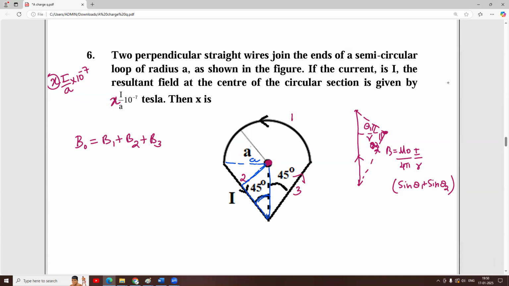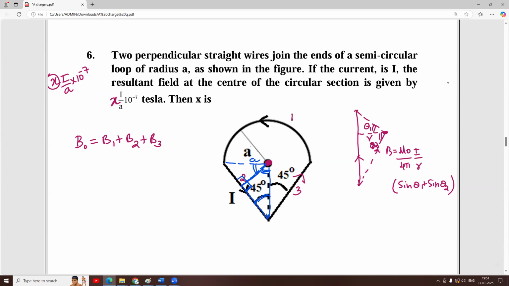If this is 45 and this is 90, then the remaining angle should be 45. This is already 45, this is 90 because I have drawn a perpendicular line, so this should be 45. That means this is also 45, okay, this is A.